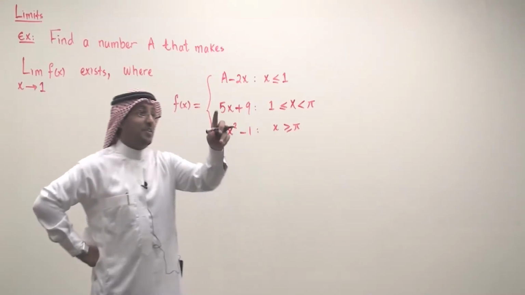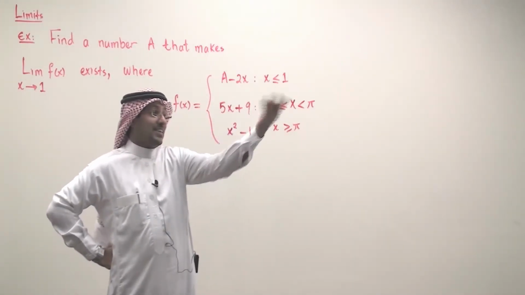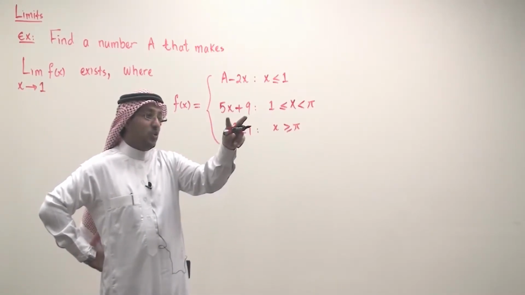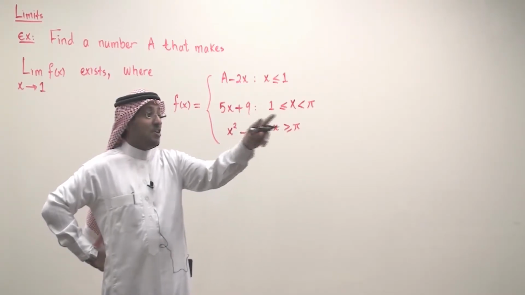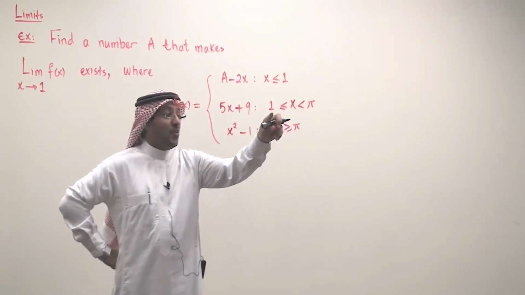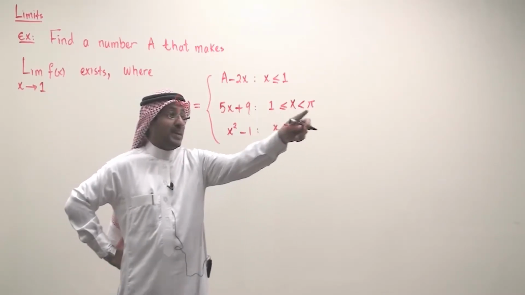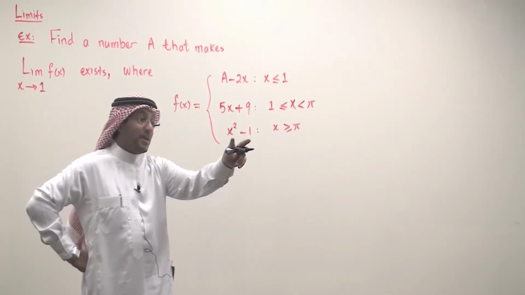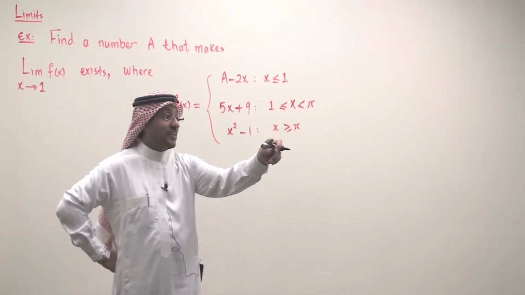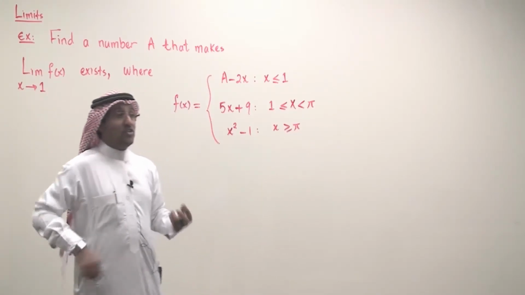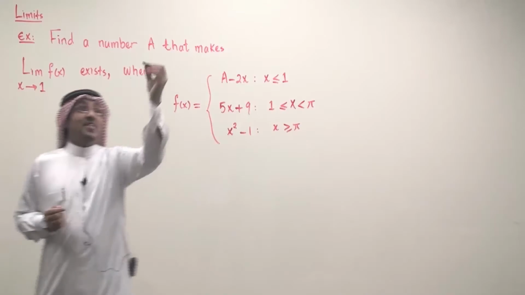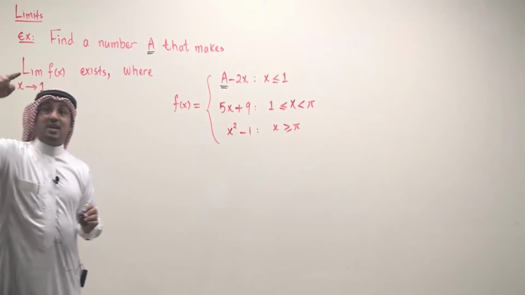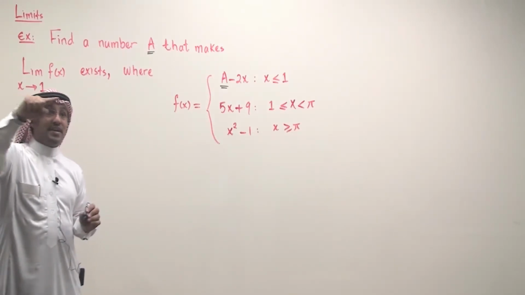It is defined to be a minus 2x for x less than or equal to 1, and f of x is equal to 5x plus 9 for values of x greater than or equal to 1 and strictly less than pi, and the function is equal to x squared minus 1 for values of x that are greater than or equal to pi. So we are required to find this number a, which is appearing here, that makes the limit of f of x as x goes to 1 exist.